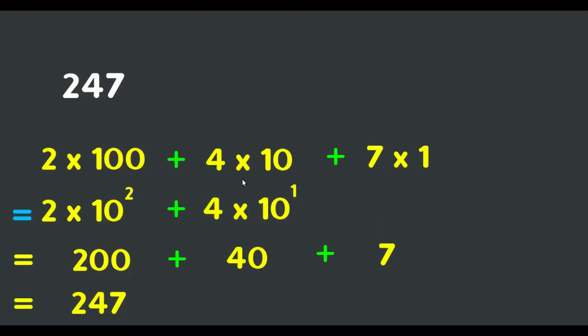Similarly, we can write this expression like this: 4 into 10 power 1, and this last one can be written as 7 into 10 power 0, because 10 power 0 is equal to 1. Here we are dealing with the base 10 number system. So let us observe the behavior of the base value in this expression. As the base is equal to 10, we have multiplied each of these digits with the base value raised to a particular power to calculate the value of this number.